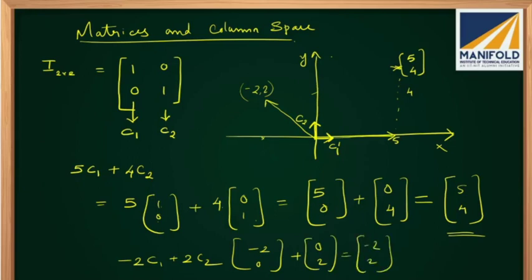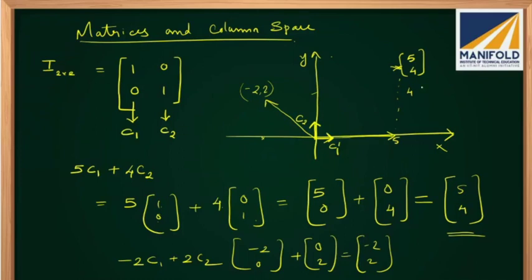Now, it's very clear that different combinations of these two vectors can give you any particular point in this space. And then we say these vectors span this space. If the linear combination of two vectors can reach any point in a particular space, then the two vectors are said to span that space.